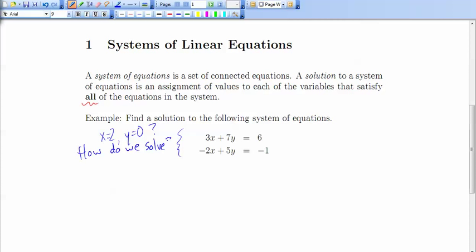So how do we solve? Well, we're going to play one equation off the other. And since we're going to be moving back and forth between the two equations, I'm going to start off by labeling my two equations, 1 and 2, and I'll refer to them in my solution. So the first thing you want to do is isolate one of the variables in one of your equations. I'm going to start off by isolating x in the first equation.